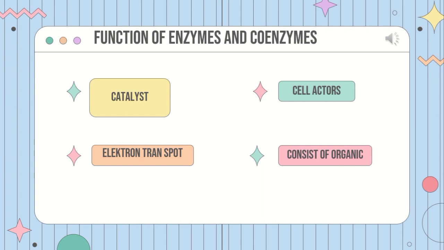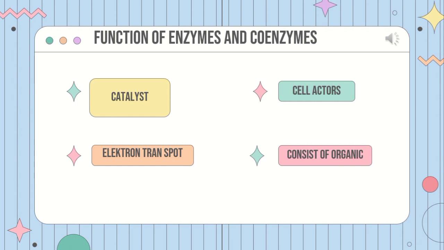The third consists of organic matter. Coenzymes consist of organic matter and are identical to vitamins because many coenzymes are found in the derived forms of B vitamins such as niacin, thiamine, riboflavin.